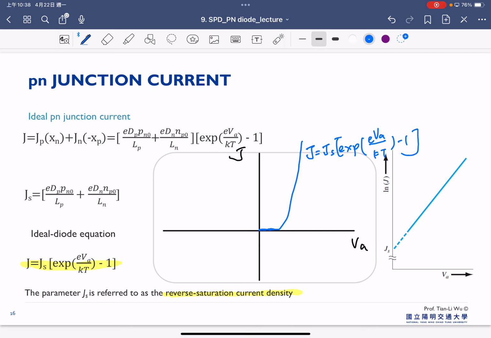And under reverse bias, we actually have the small term minus Js here, which is the reverse saturation current density. And of course, we all know it's not possible to always maintain such low current once we have a large bias. At a certain moment, it will start to increase and reach breakdown.